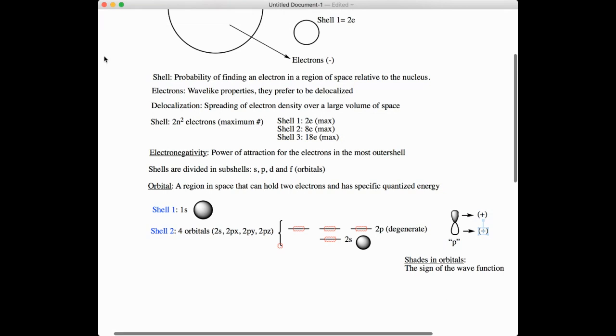But at the end of the day, the take-home message for now is when you see a p orbital shaded, do not think that the electron density is only in the shaded area. No, it's in both. Okay, equal electron density in both lobes. Now, what is the electron density right here?